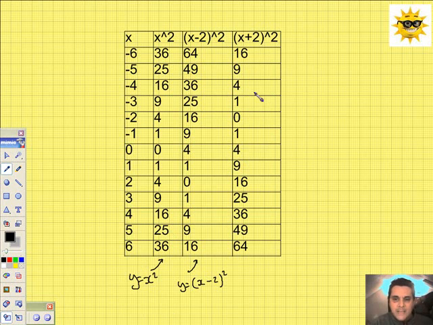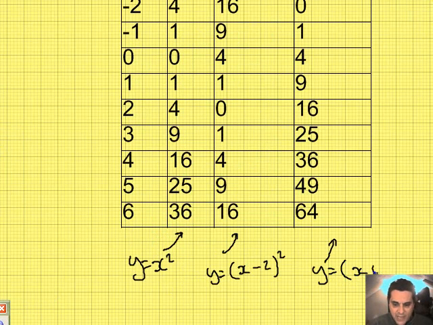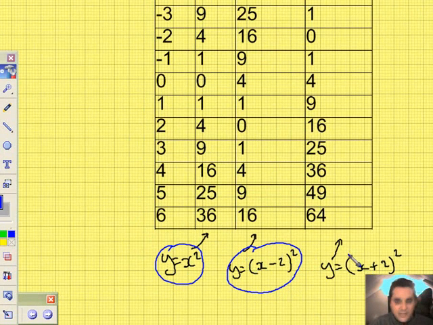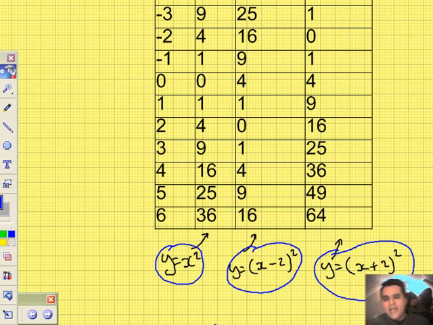Alright. This one is y equals (x plus 2) and then square it. So these are my 3 graphs: y equals x squared, y equals (x minus 2) squared, and finally y equals (x plus 2) squared.